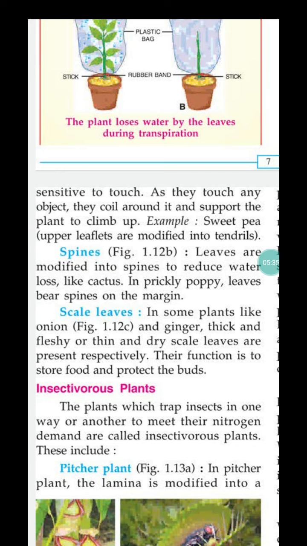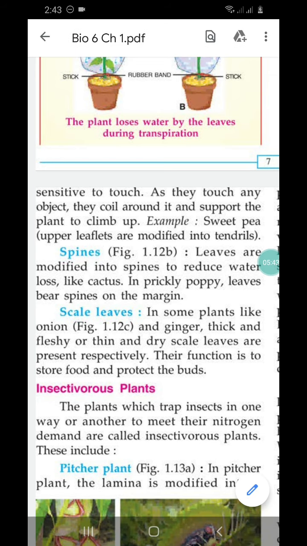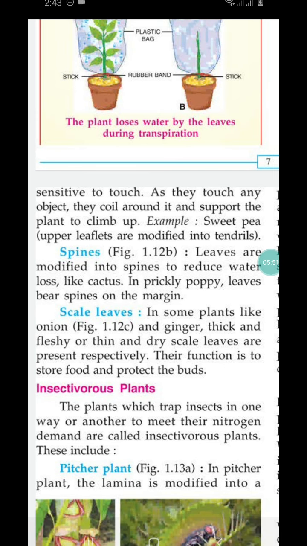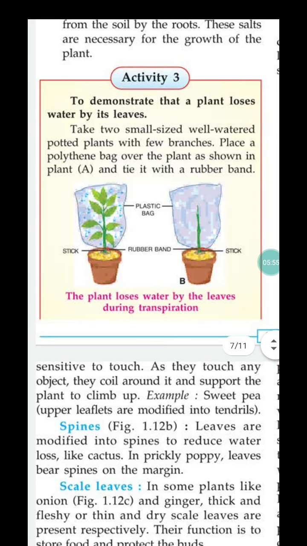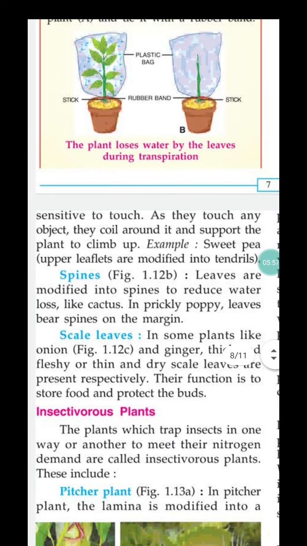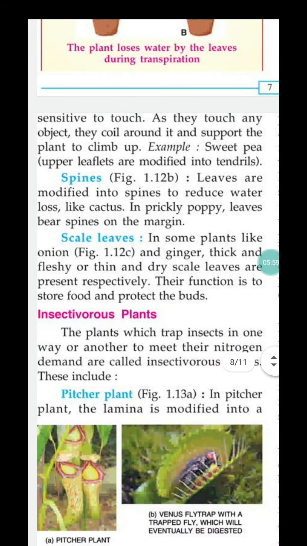For the process of photosynthesis and one more? Yes, transpiration. What is transpiration? In the previous class we learned transpiration is the process of losing water from a leaf. So the leaves lose water. You can see the experiment here. We have discussed it in the previous class. So transpiration is loss of water from the leaf.